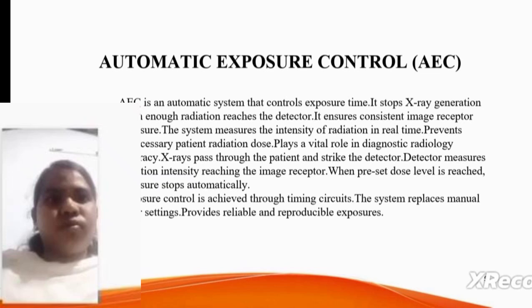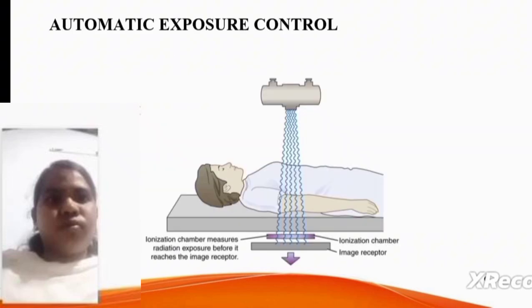When the preset dose level is reached, the exposure stops automatically. Exposure control is achieved through timing circuits. The system replaces manual timer settings and provides reliable and reproducible exposures.